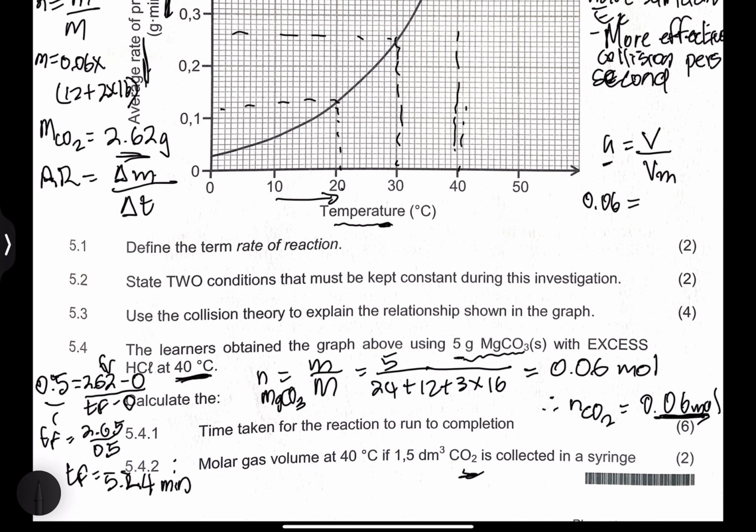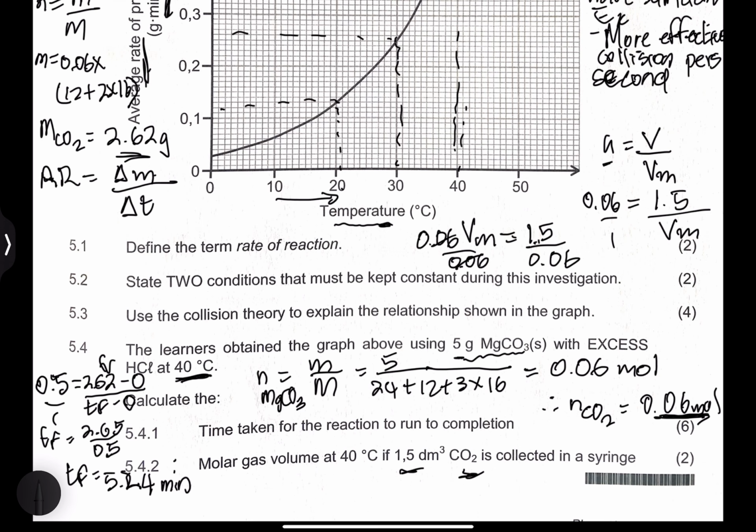The volume, they said, is 1.5, and we wanted the molar volume, so cross multiplying, you get 0.06 Vm is equal to 1.5. We can divide both sides by 0.06.